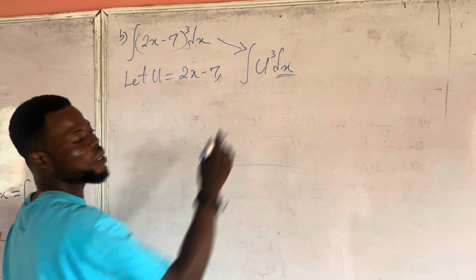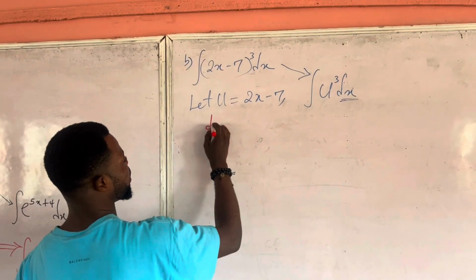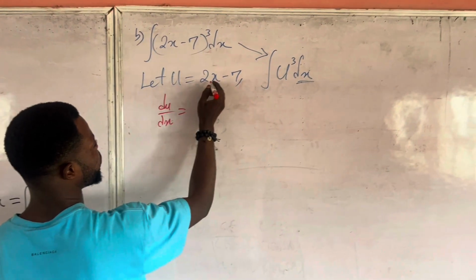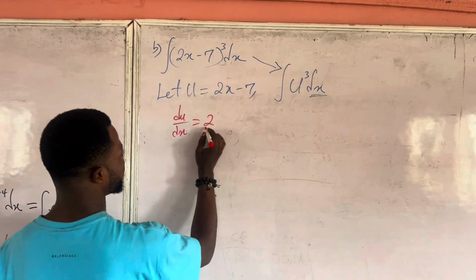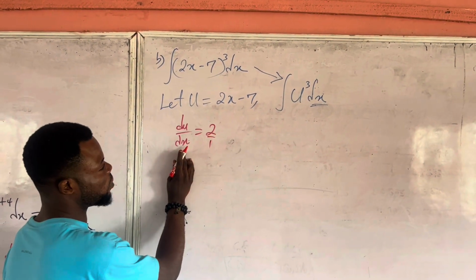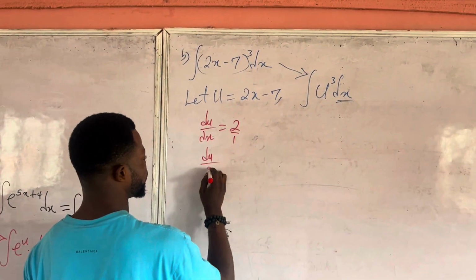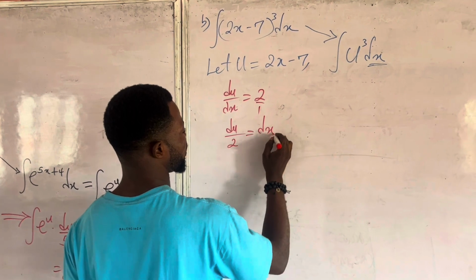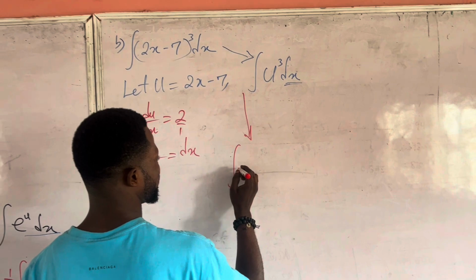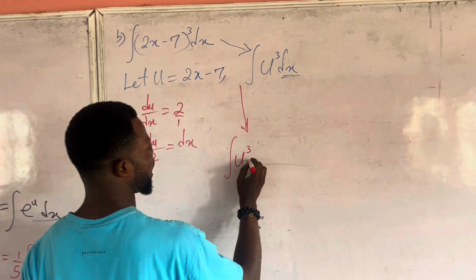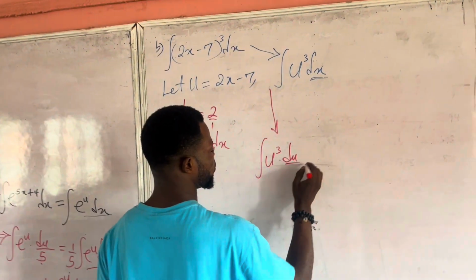We need to replace dx by differentiating: du/dx equals 2, and differentiating 7 gives 0. This is over 1. Making dx the subject, we have du over 2 equal to dx. Then we have the integral of u raised to the power of 3 times du over 2.